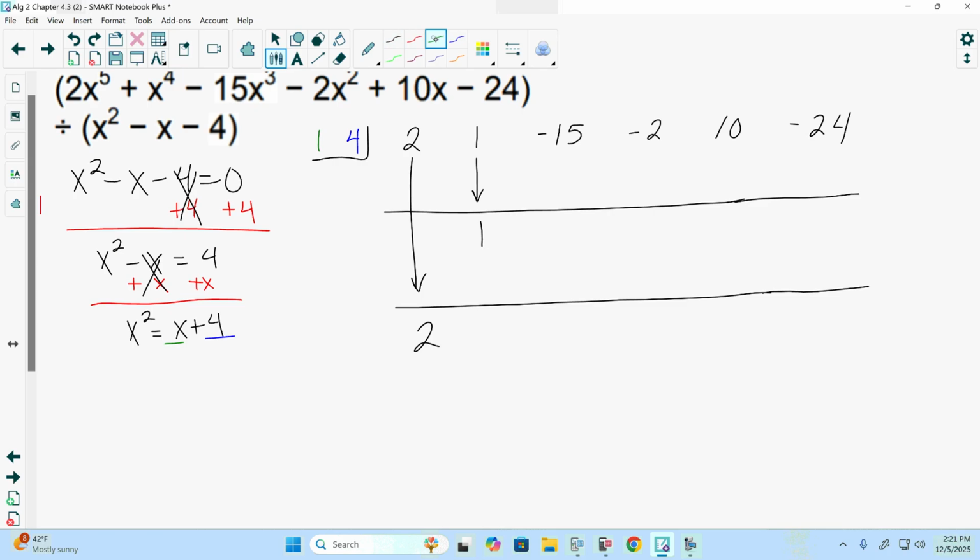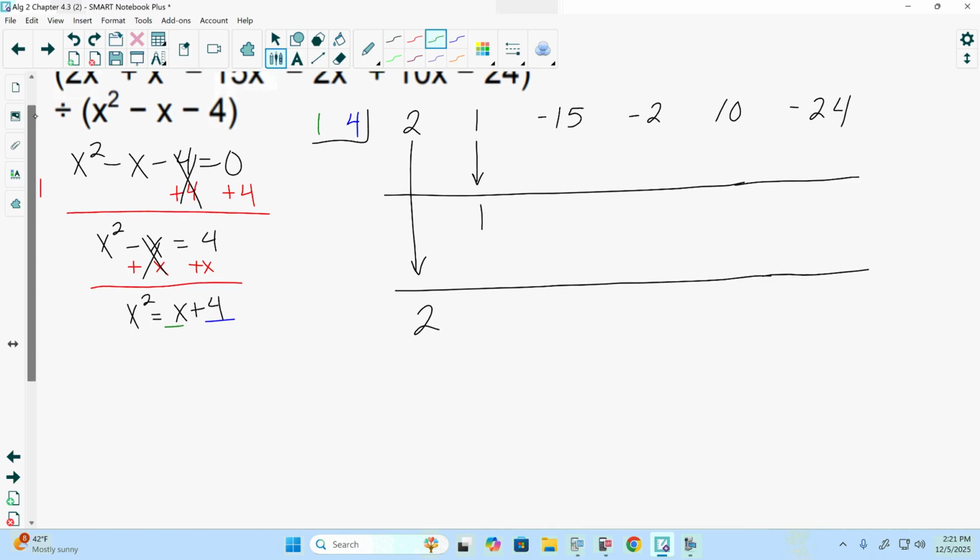Now we're going to start this multiplication process, and they all multiply with the bottom number. So we're going to do 1 times 2, which is 2. And all the numbers that are multiplying with that 1, that x term in the cubby, is going to go above that second line. 4 is also going to multiply with this 2. 4 times 2 is 8.